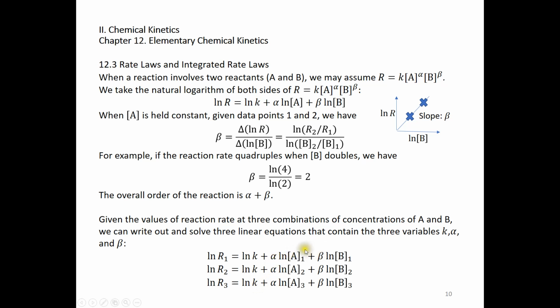We just need to plug in the values of R at different concentrations of A and B. And then we have three linear equations that contain three variables. In principle, we can solve the three equations and get the values of k, the rate constant, alpha and beta, the reaction orders with respect to A and B.